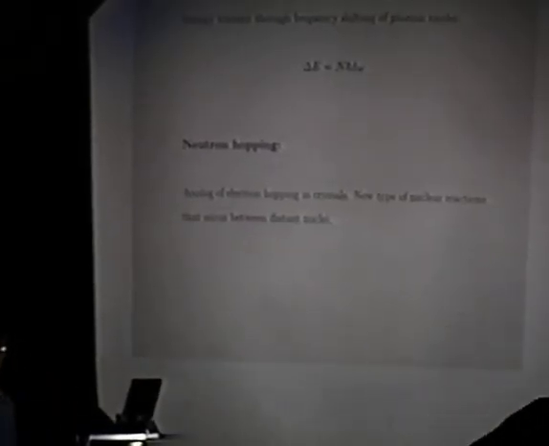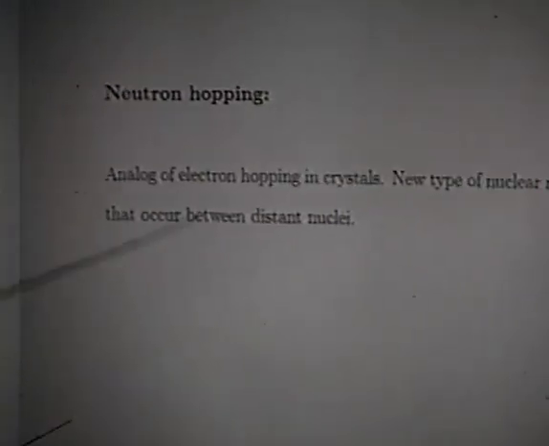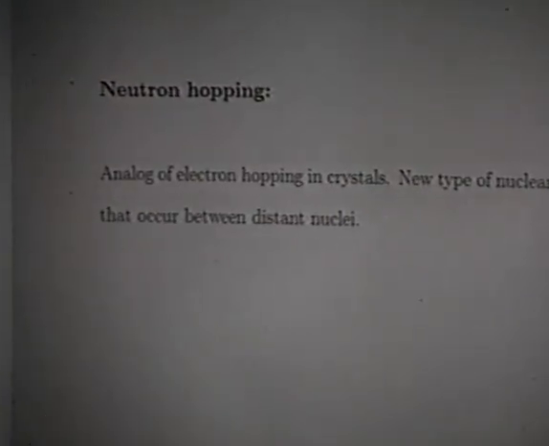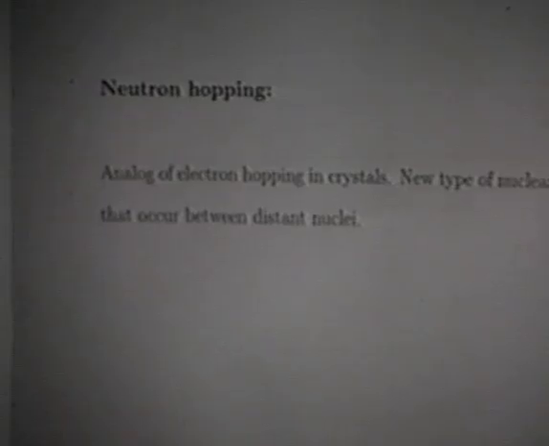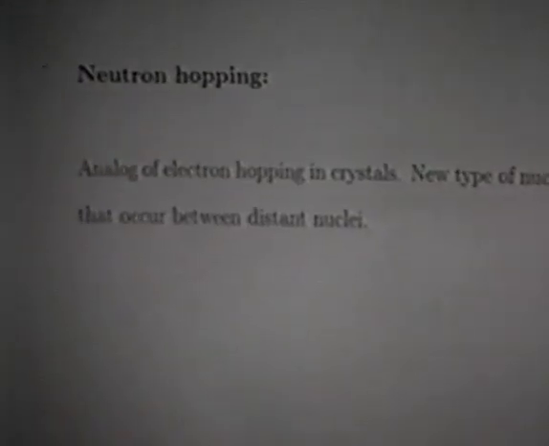The business about neutron hopping, the way I think about it these days is we know that electrons hop in crystals. The mathematics that describe electron hopping in crystals, one such model is the Anderson model. The fundamental Hamiltonian for the Anderson model turns out also to describe configuration mixing between neutrons, valence neutrons, and conduction neutrons in nuclei.